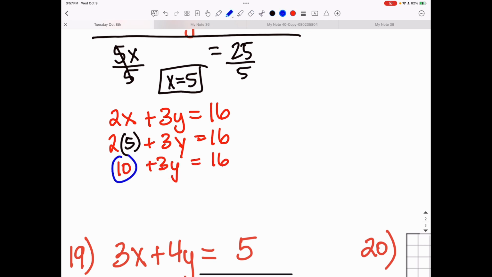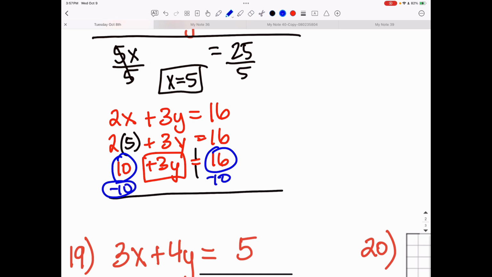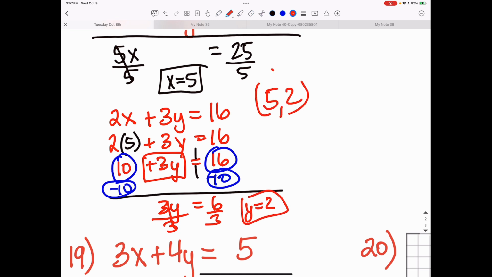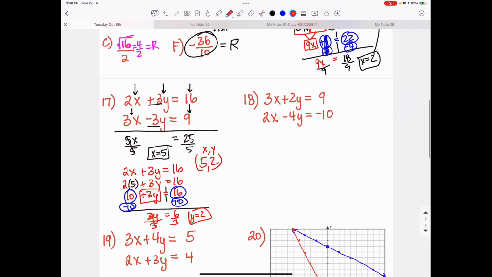This is baby's laundry. This one is technically not my laundry. It's a y, but you get the point. So minus 10, move him over here, minus 10. 3y's equals 6. Divide by 3. And y's equal 2. So 5 for the x's, 2 for the y's. We always put them in alphabetical order.